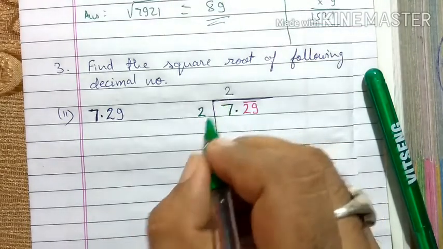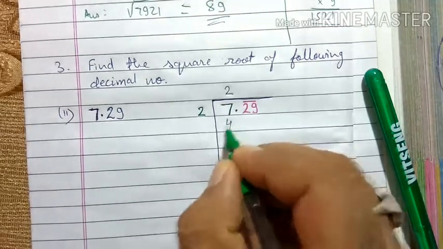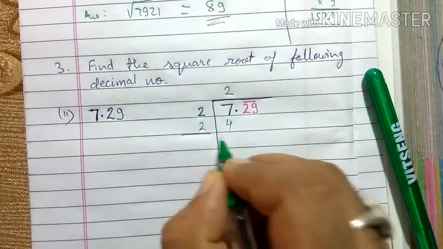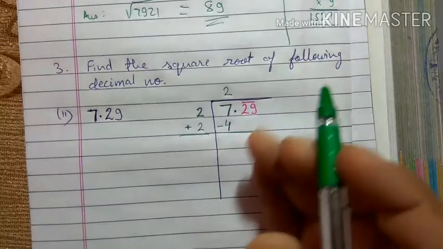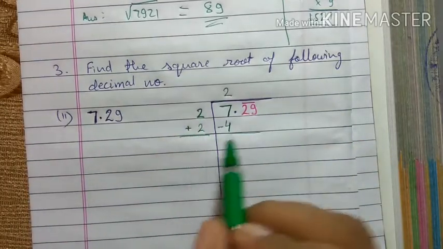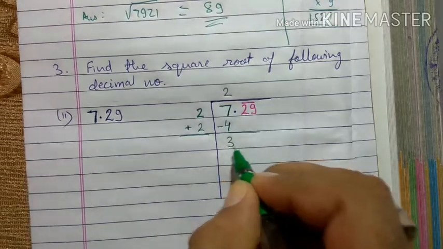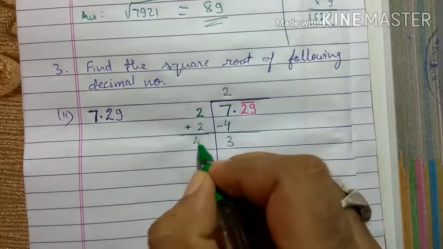By the same digit we multiply: 2 2s are 4, and the same digit is written here also. Now what to do? On this side we will add and on this side we have to subtract. So 7 minus 4 is 3, and 2 plus 2 is 4.